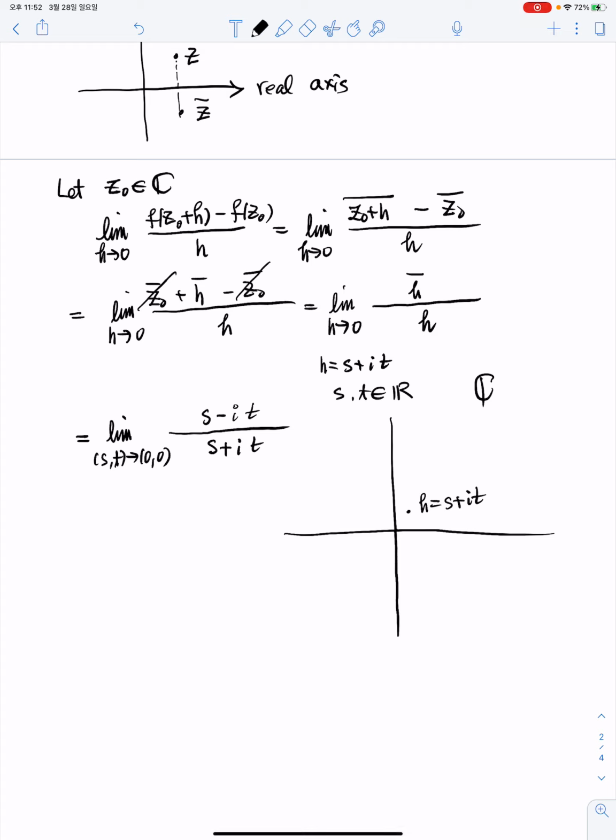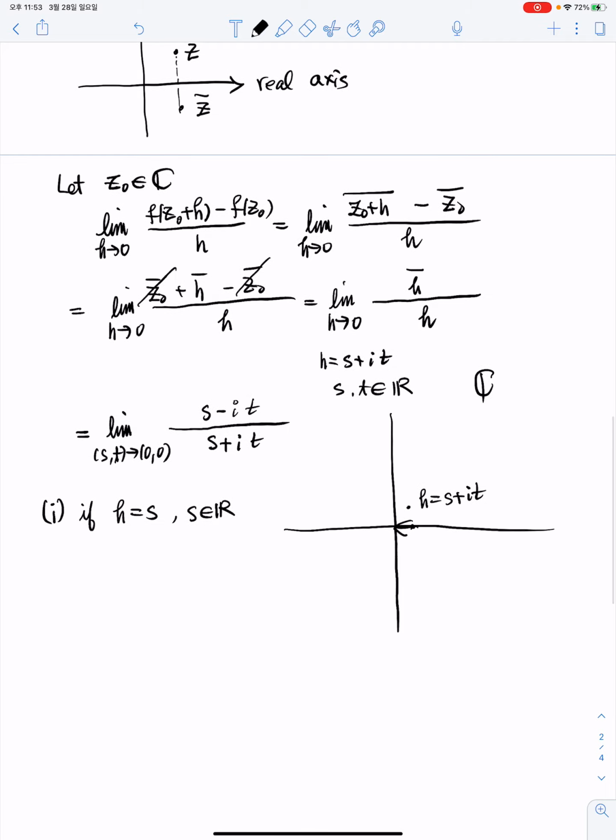So first I take one path. Let's take h in here. So case 1, if h equals s, where s is in R, you follow this path.